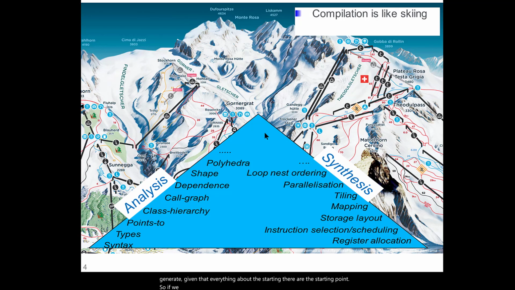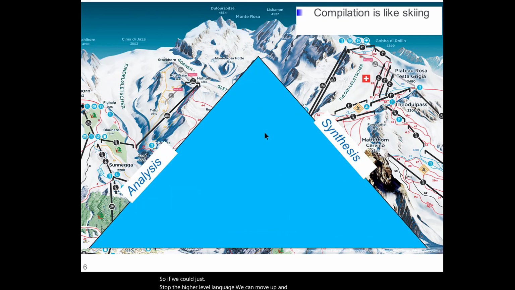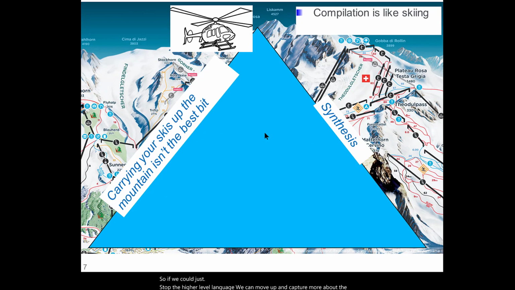So if we could just start from a higher level language, we can move up and capture more about the problem space. And if we use domain-specific languages, we might even have the chance to take a helicopter to the top and not do all this boring stuff, not carry your skis up the mountain, and instead take a shortcut.